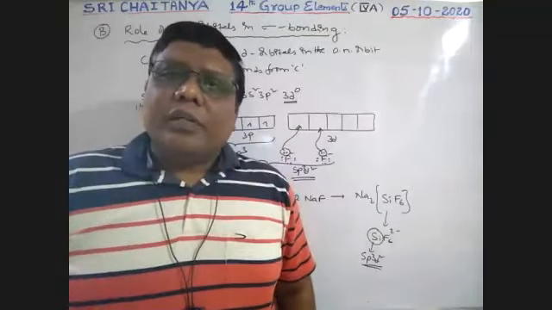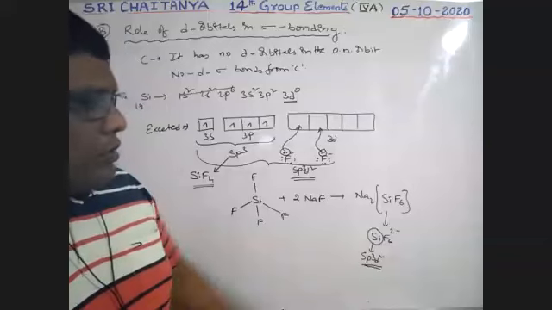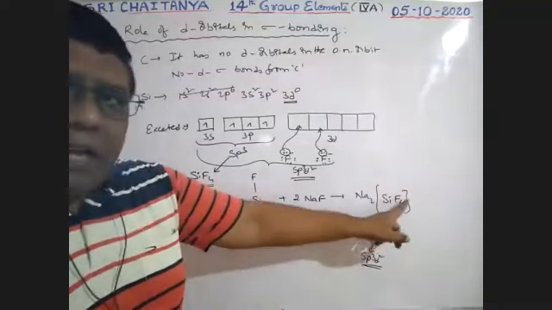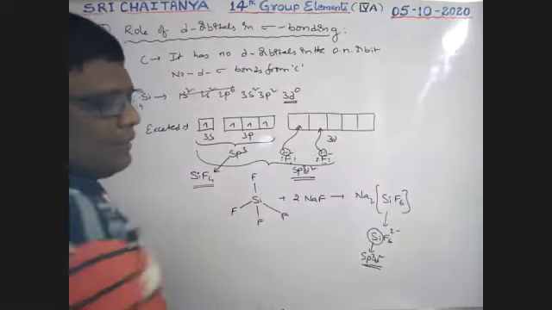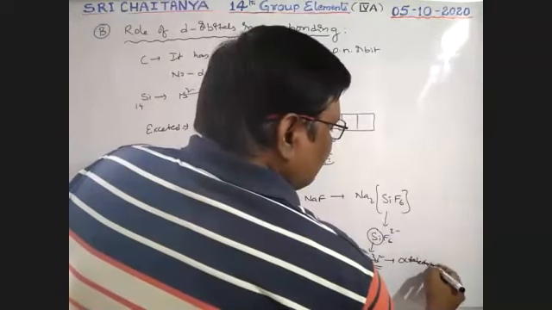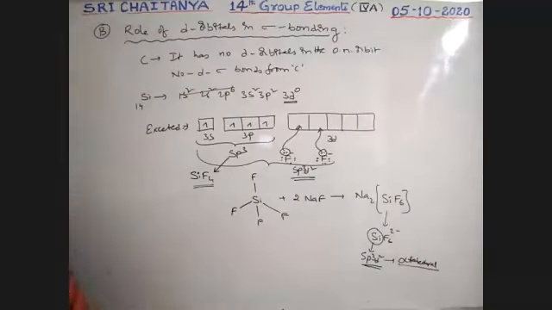Here silicon hybridization is sp3d2. So this one is very, very important. Here SiF6 2 minus has sp3d2 hybridization, octahedral shape. That is possible. Okay, so this is very, very important.